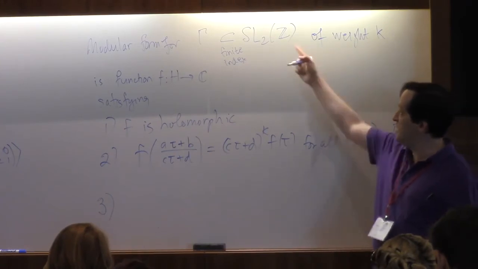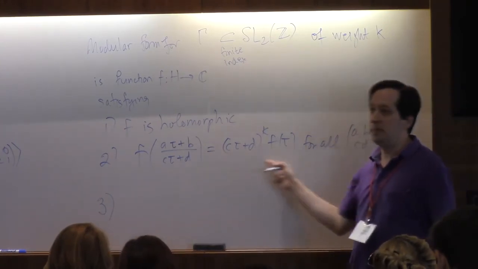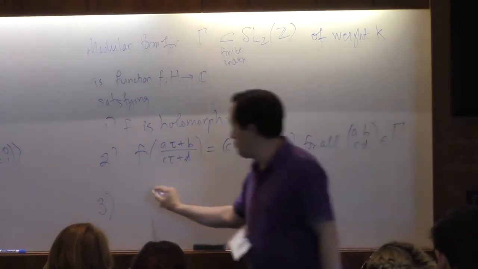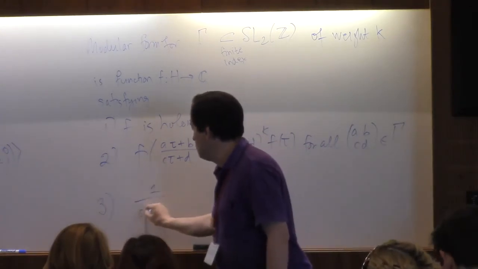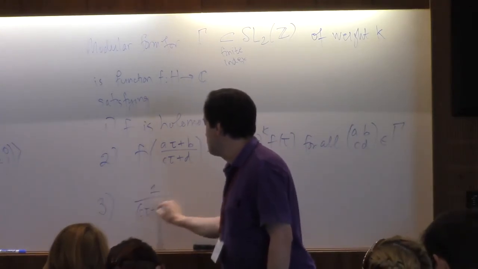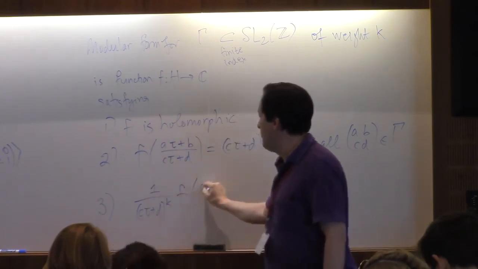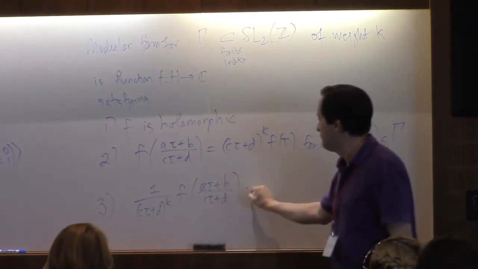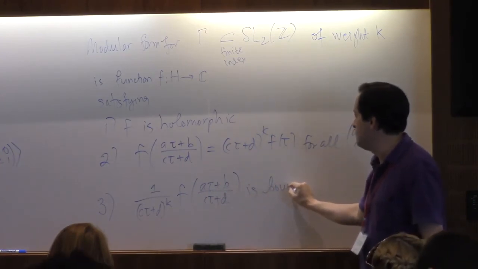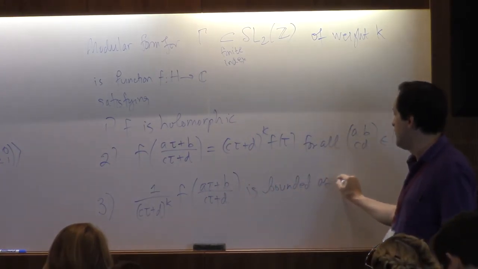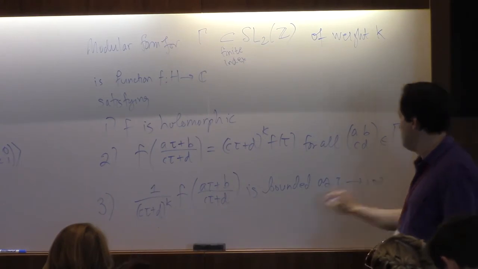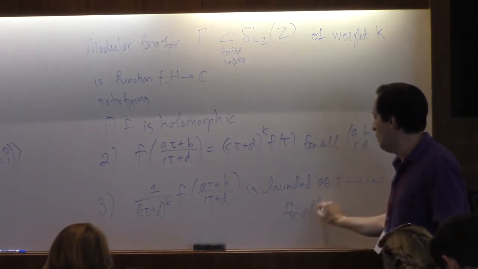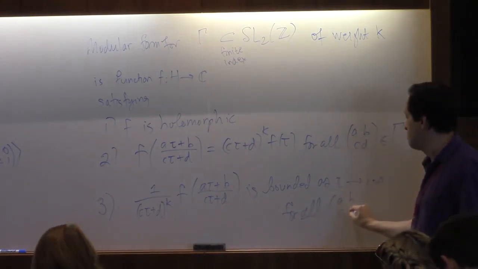But if the matrix is in SL2Z and not in here, these might not be equal. So the third condition is that 1 over c tau plus d to the k times f of a tau plus b over c tau plus d is bounded as tau goes to i infinity for all matrices in SL2Z.